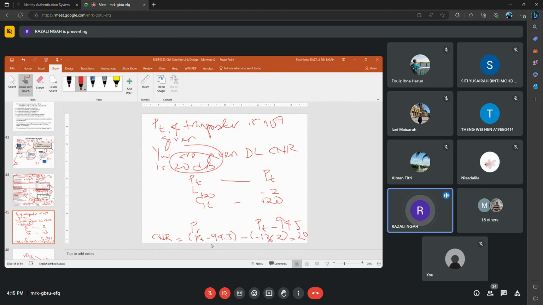In this example, I repeat again, you are given CNR for downlink, or even for uplink. You may not be given PT, so you need to determine PT, for example. That's another type of question.